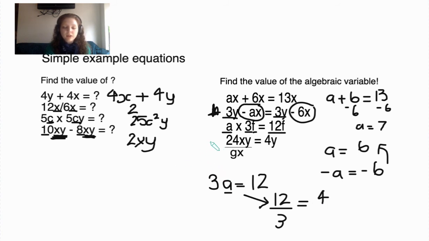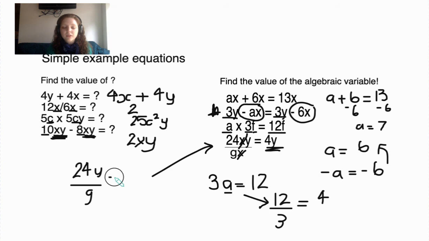Last one before we go. This one here. It's similar to the multiplication, but obviously the opposite way around. You've got your x variables cancelling each other out, which you see here. There aren't any x variables on the other side. And then you know that 24y over g equals 4y.